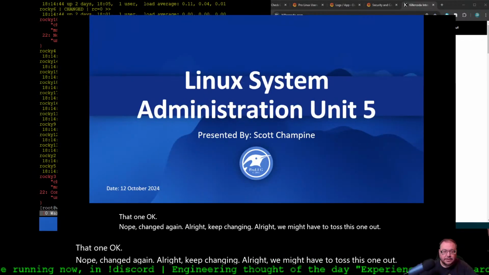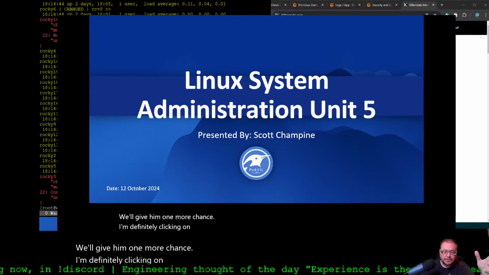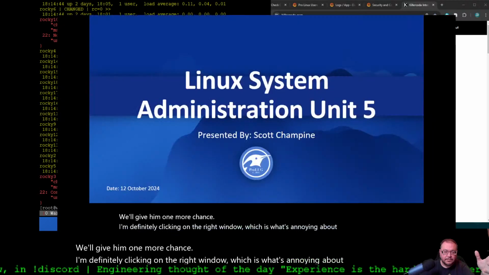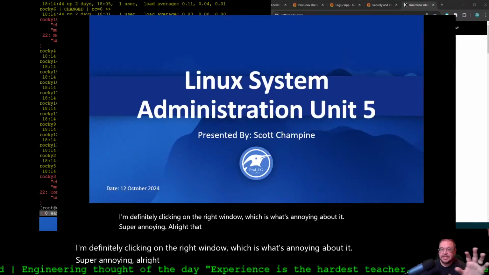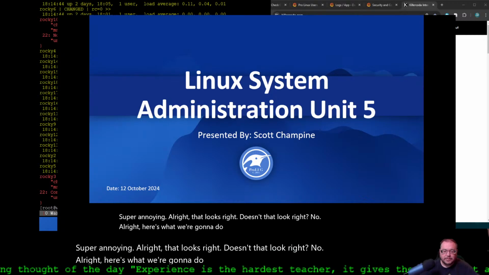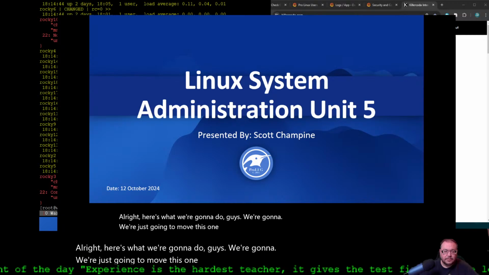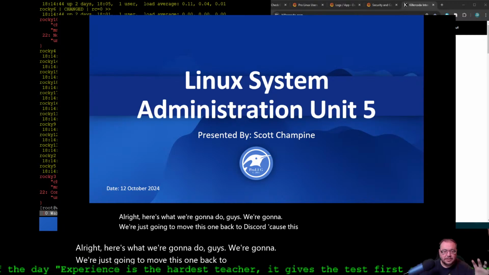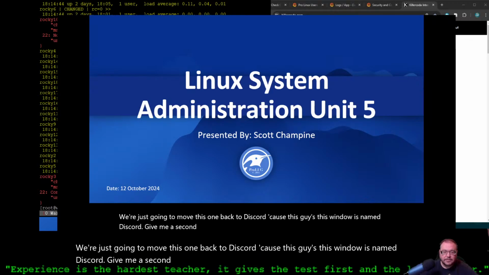We'll give him one more chance. I'm definitely clicking on the right window, which is what's annoying about it. Super annoying. All right, that looks right. Doesn't that look right? Nope. All right, here's what we're gonna do, guys. We're just gonna move this one back to Discord because this window's named Discord. Give me a second here. Where the hell's Discord at?